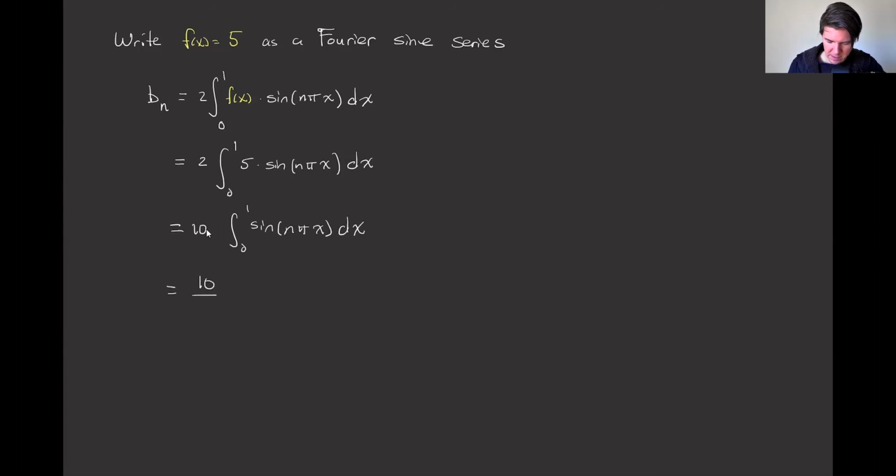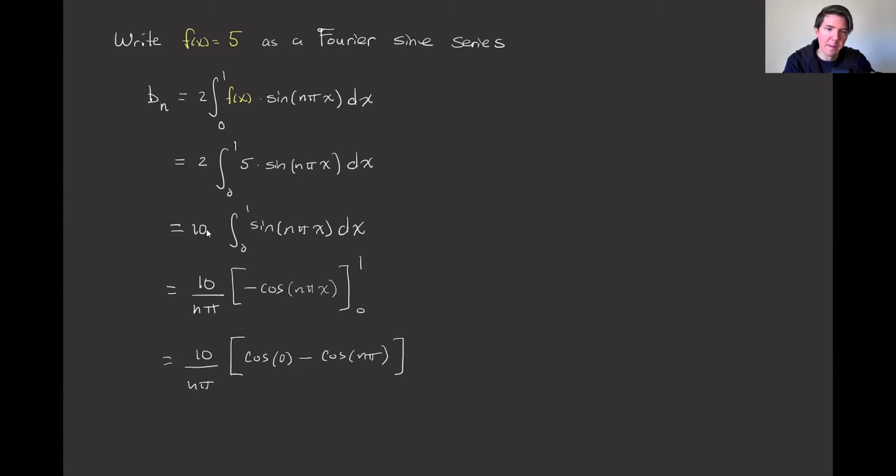So we get 10 times 1 over n pi, negative cosine n pi x, evaluated from 0 to 1. Or written another way, cosine of 0 minus cosine of n pi. Written yet another way, it is 1 minus cosine of n pi, times 10 over n pi.